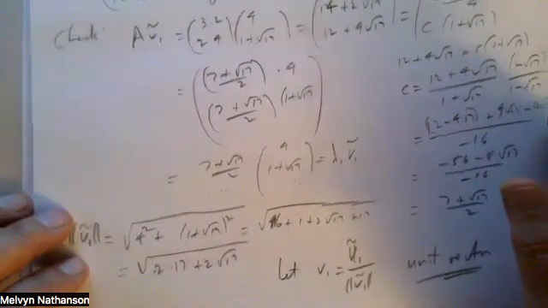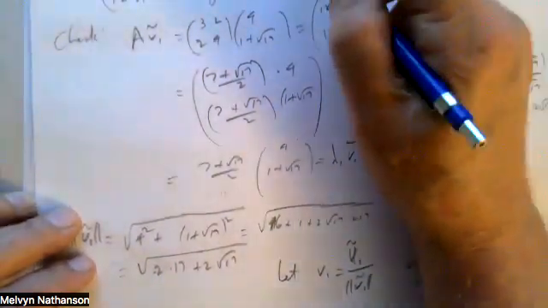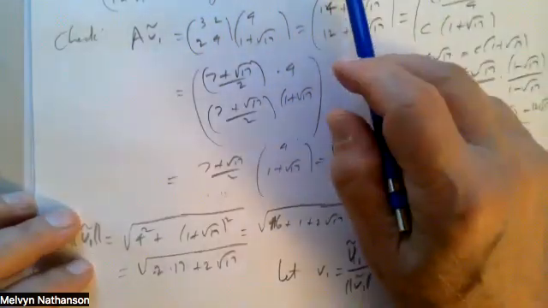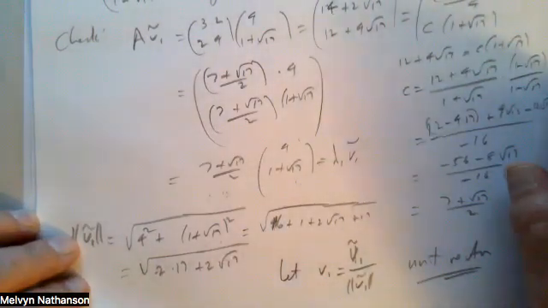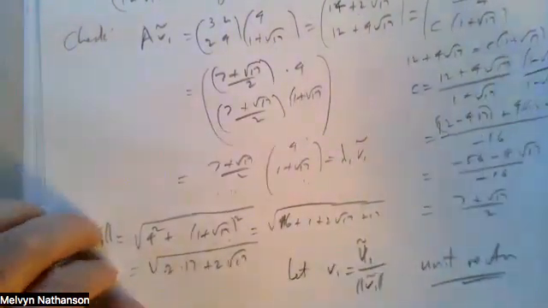What about the second eigenvector? The second eigenvalue was lambda 2 equal to 7 minus root 17 over 2.